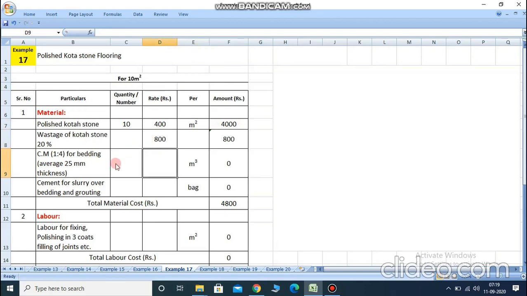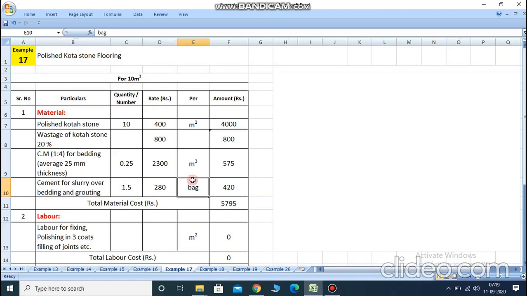Then cement mortar 1:4 for bedding, average 20 mm thickness. Here 0.25 meter cube of cement mortar quantity is required, and the per meter cube rate is 2300. So 575 rupees for the cement mortar. And cement for slurry over the bedding and grouting: 1.5 bag of cement is required, and per bag cement rate is 280 rupees.